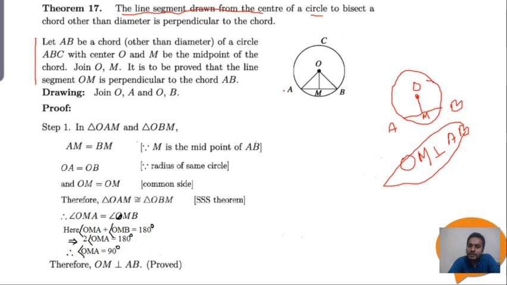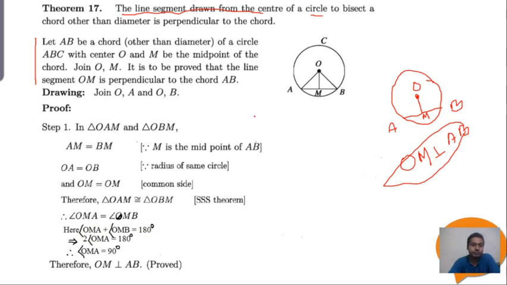OM is the bisector of chord AB of a circle with center O. This is enough. No need to copy your book. Just describe it in your own language. And it is required to prove OM is the perpendicular of AB.